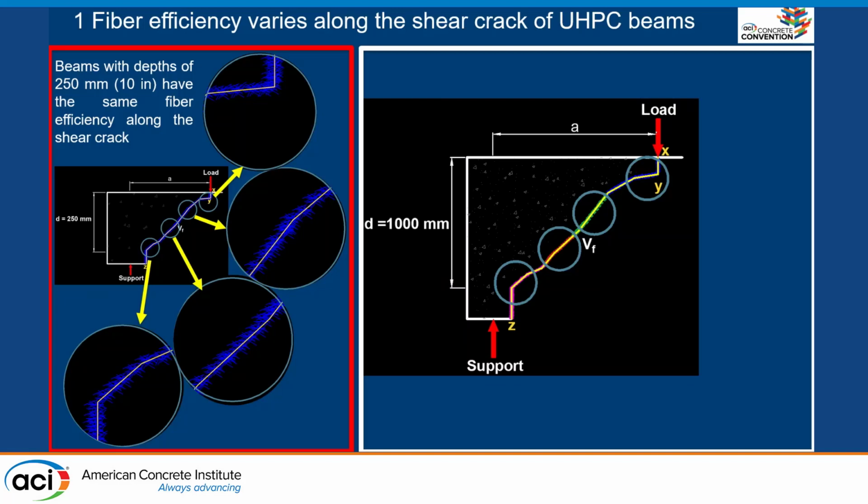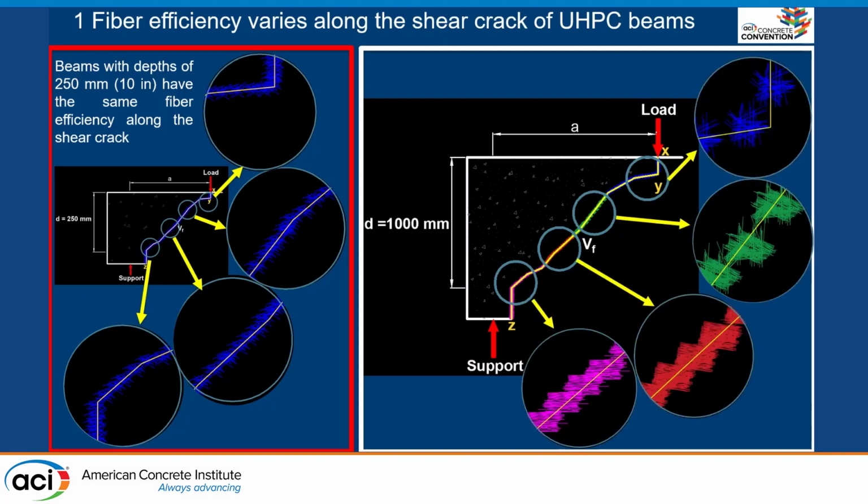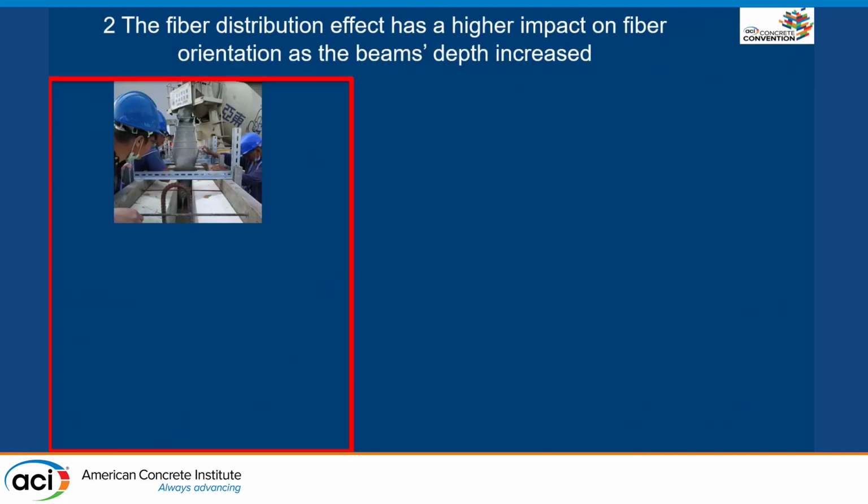While if we increase the height of this beam to 1,000 millimeters, we're going to have, as I showed before, some random and partially random orientations in the web top and the top flange. But if you keep going down, you're going to have some preferred or partially preferred orientation, telling us that the fiber efficiency varies along the shear crack in beams that have 1,000 millimeters of height.